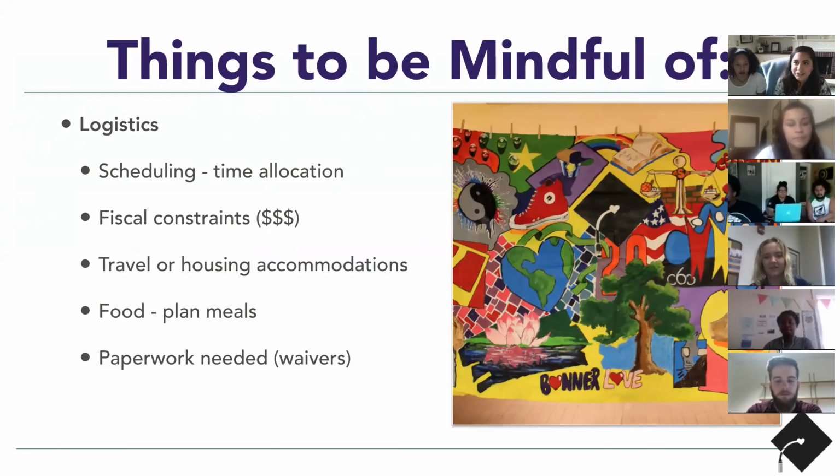Food is essential. And you can't forget to plan meals and take into consideration snack times or water. Make sure that you're able to provide all of that, and that goes into your budget. So it takes a lot of work, and it takes a lot of number crunching and critical thinking, but I know you can do it.